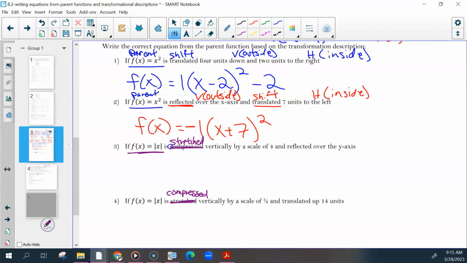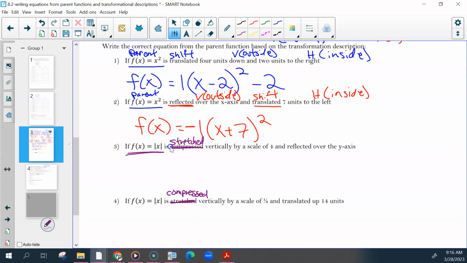So we have a different parent function, that's fine. What transformation words do you see? Reflected, translated, stretched, compressed. What of those do you see? Stretched. It should be stretched. That was a typo. I'm just going to underline that for now.